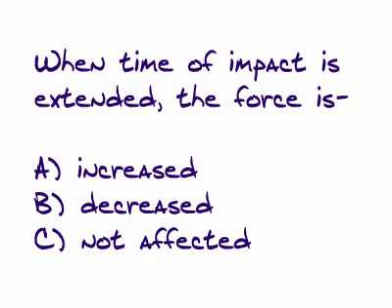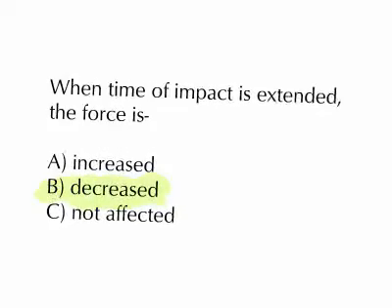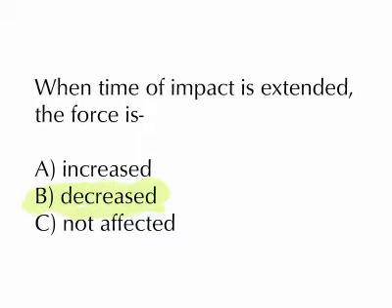How about this one? When the time of an impact is extended, the force is what? What do you think? If you guessed decreased, then you've got a good understanding.